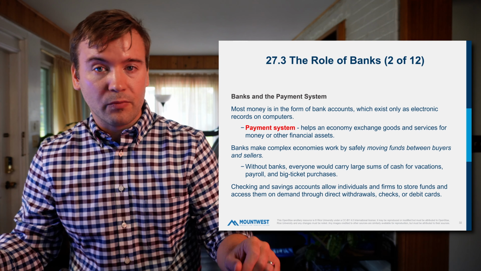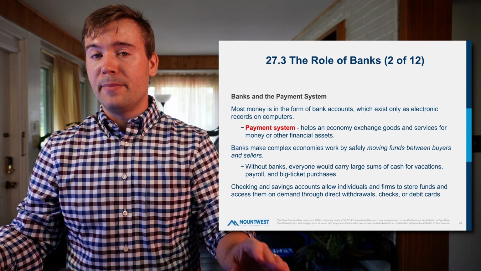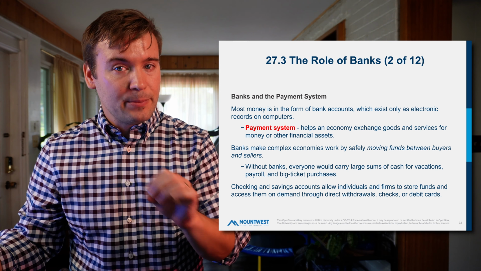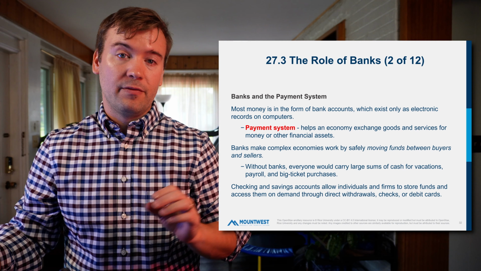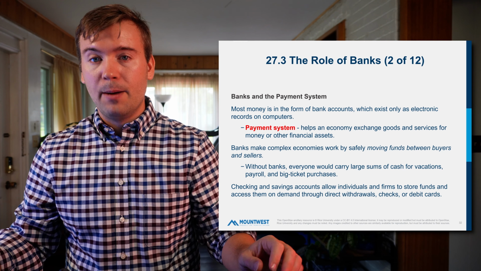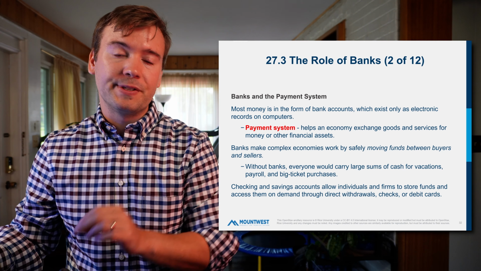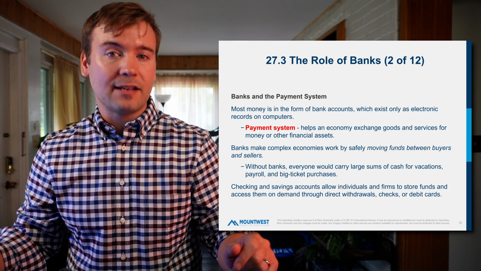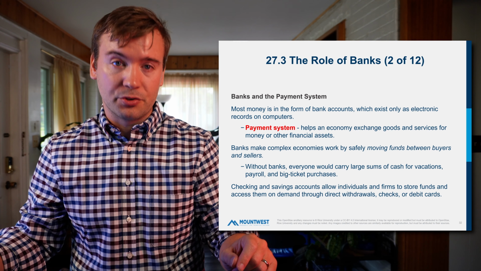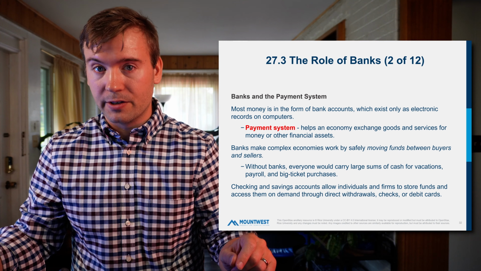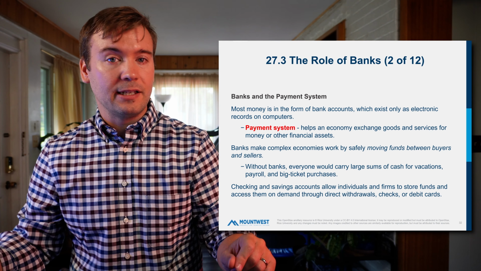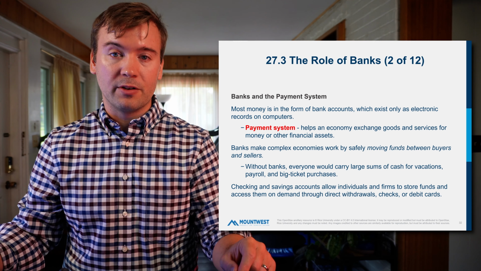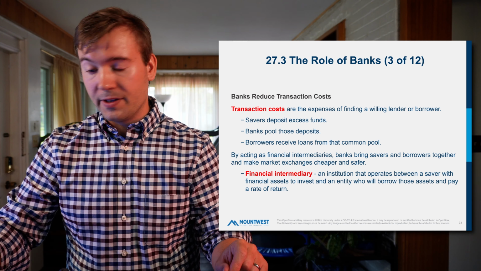They're a critical part of what we call the payment system, which is the mechanism that helps an economy seamlessly exchange goods and services for money or other financial assets. Banks allow individuals and businesses to store money in their accounts and then easily access those funds through direct withdrawals, checks, or debit cards. This makes transacting much safer and incredibly more convenient than dealing solely with physical cash.